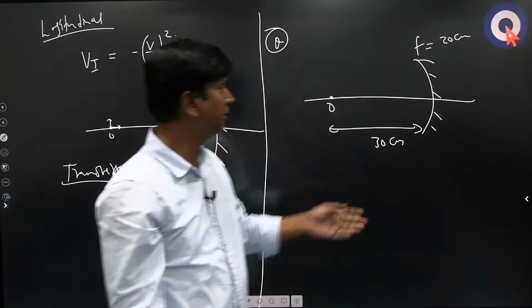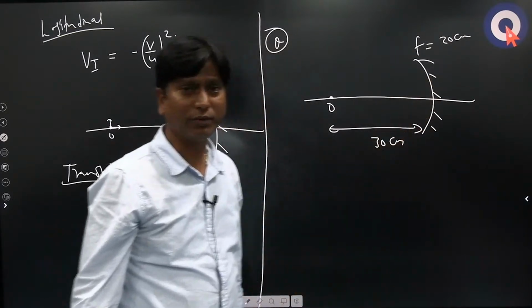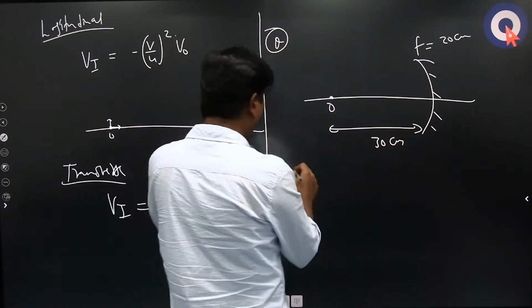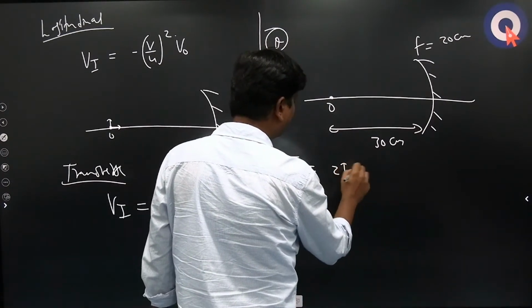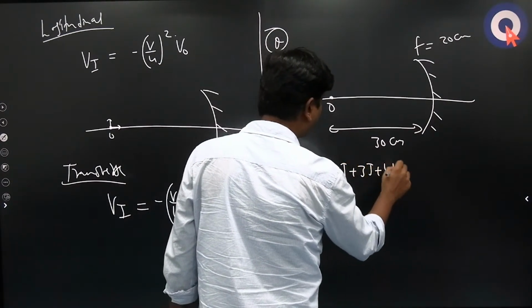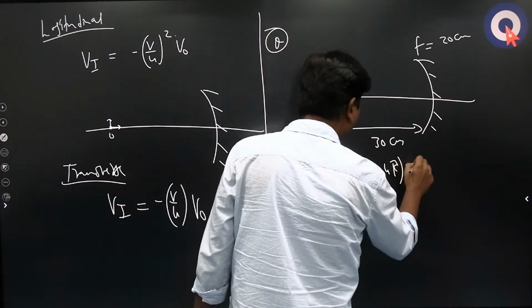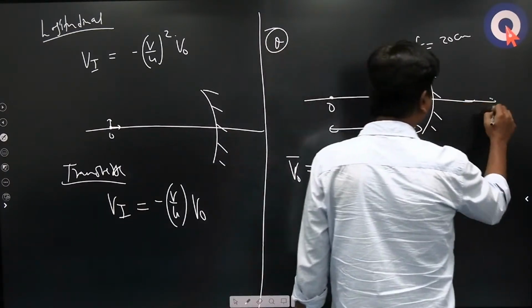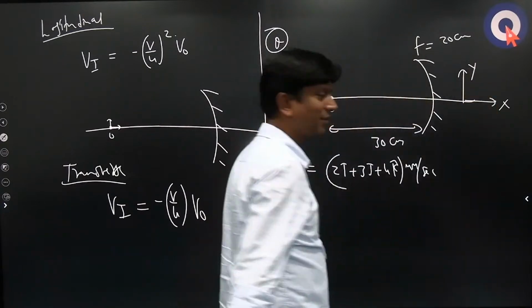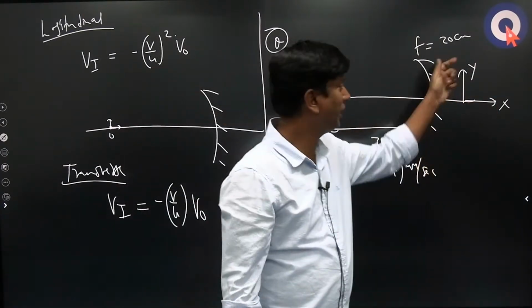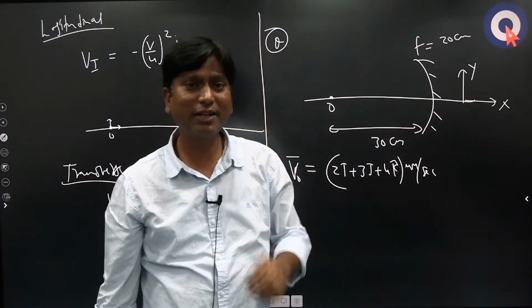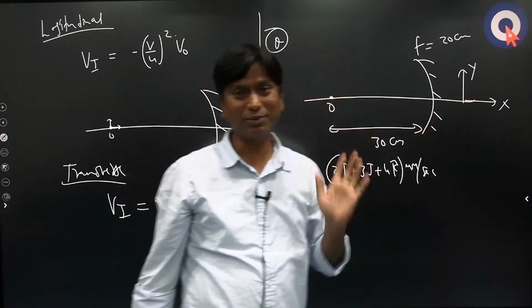So 30 centimeters means definitely in between f and 2f, right? And the velocity of the object is, let us say, 2 i cap plus 3 j cap plus 4 k cap mm per second, given that this is the x-axis, this is the y-axis, and this is the z-axis. Clearly the y and z directions are transverse and the x direction is longitudinal, correct?